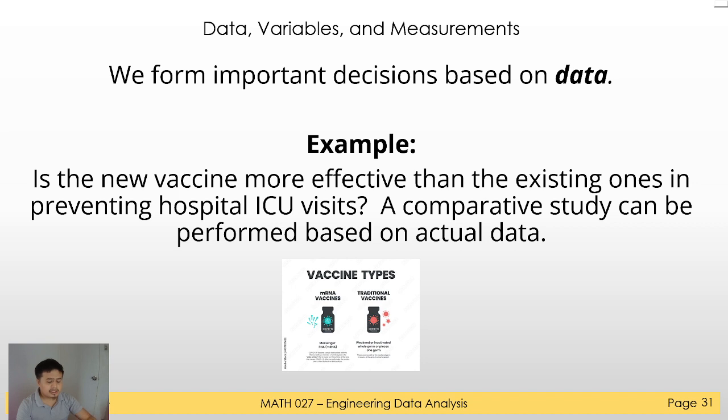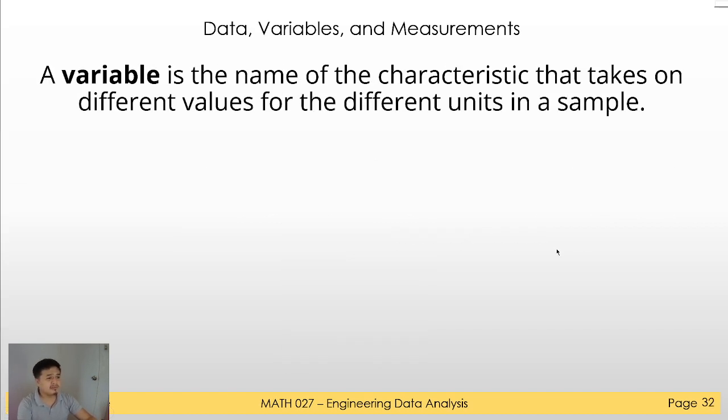So the data that we will utilize to assess this effectiveness will be crucial. Without the data, we could not assess or evaluate the effectiveness of these two. So let's talk about the variable.